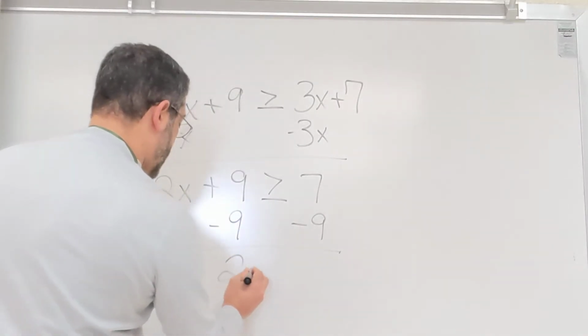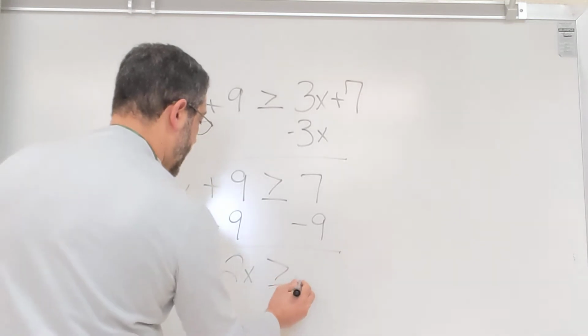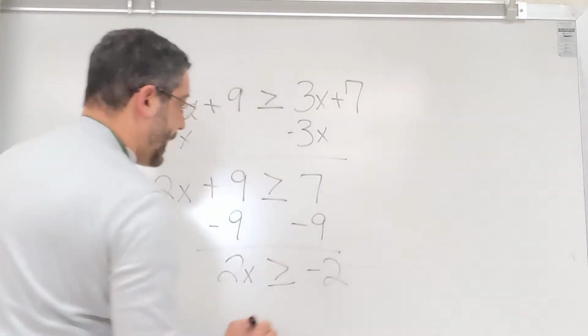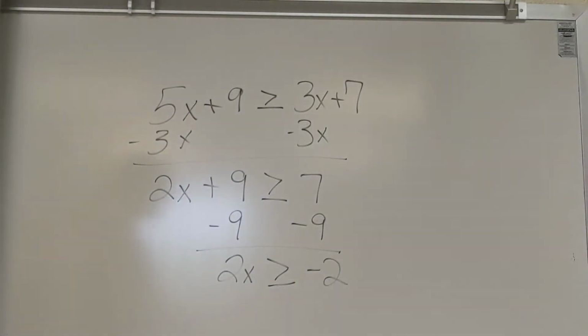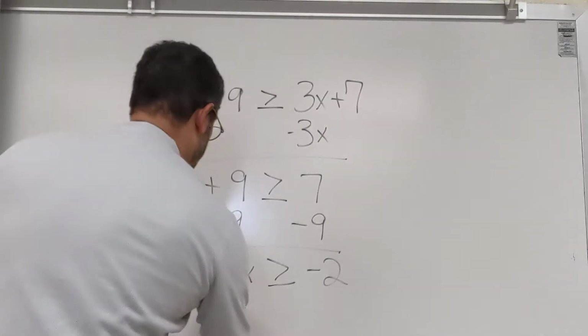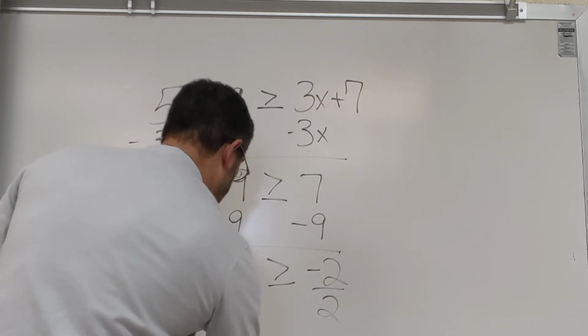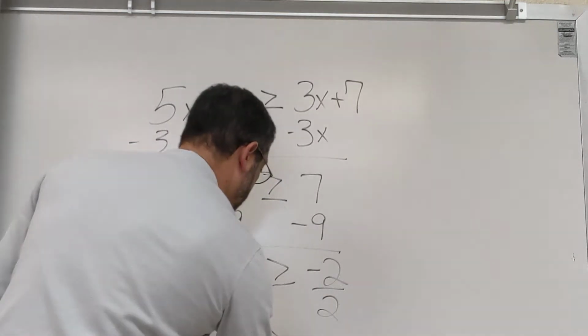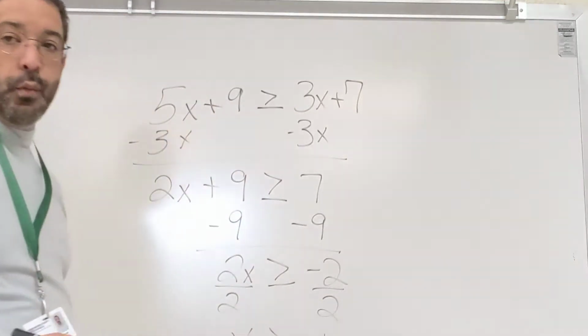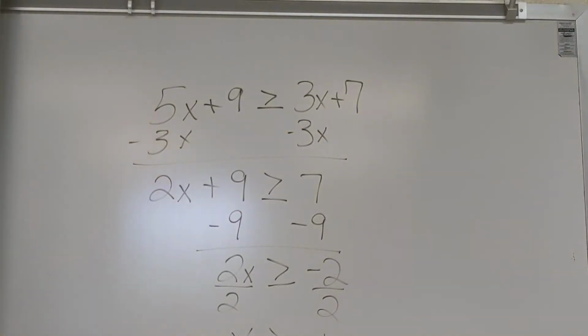So that leaves me 2x is greater than or equal to a negative 2, because 7 minus 9 is negative 2. And now I divide both sides by 2, and I get the answer x is greater than or equal to a negative 1. Okay? So x is greater than or equal to a negative 1.